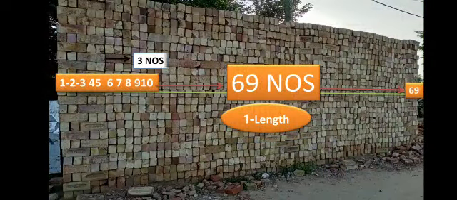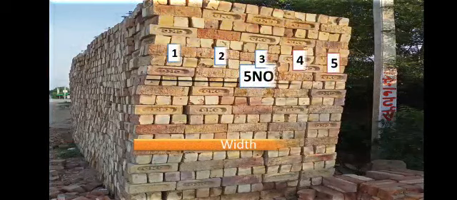First of all, the calculation lengthwise. It starts with normal counting as given in the picture. 1, 2, 3 and so on. Here, the point to be noted is the bricks arranged in this form. It is calculated as 3 bricks in 1. So here the length comes to 69 nos. Moving on to the width.